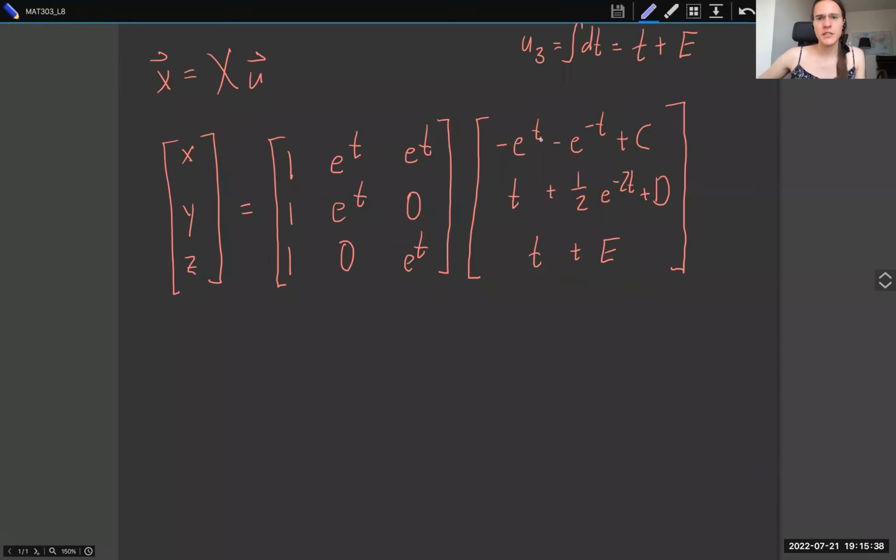So if we do this matrix multiplication, ignoring the constants and just looking at this stuff, minus e to the t minus e to the minus t plus e to the t times t plus 1/2 e to the minus 2t, and then plus e to the t times t. What that's equal to is going to be, well, let's look at e to the t.